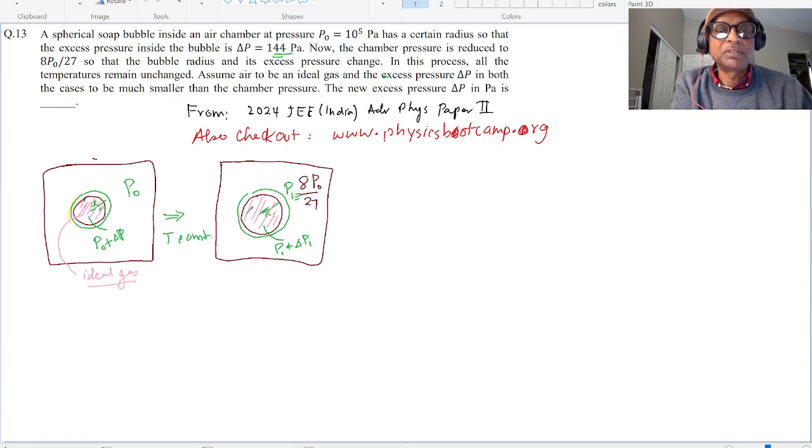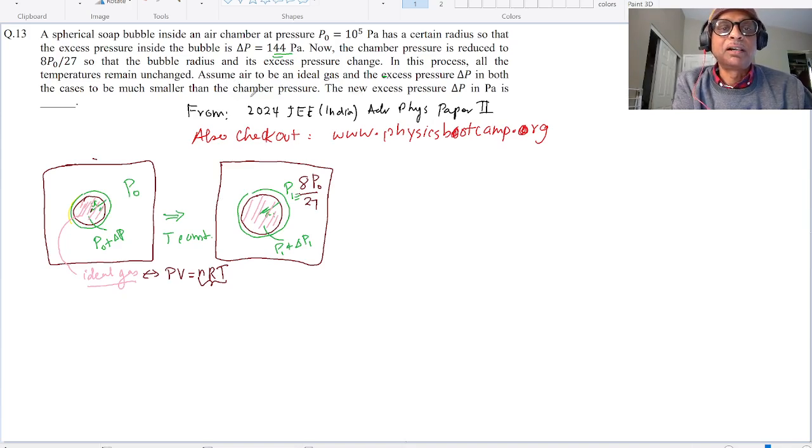So basically, if you look at just the inside of the bubble, the pressure changed, so the volume changed at constant temperature. And because it is an ideal gas, PV equals nRT, so this is constant in this process. So pressure and volume here must be equal to pressure and volume here inside.